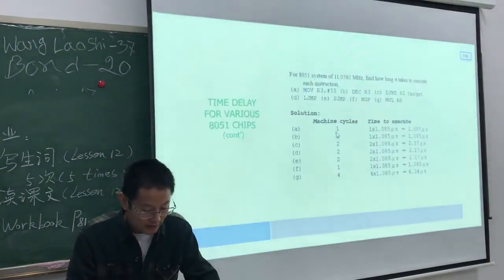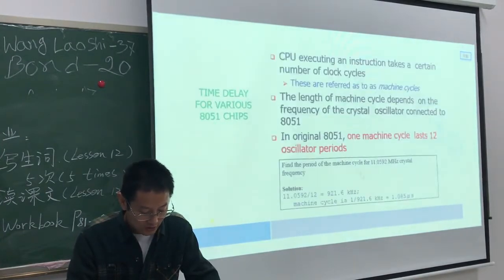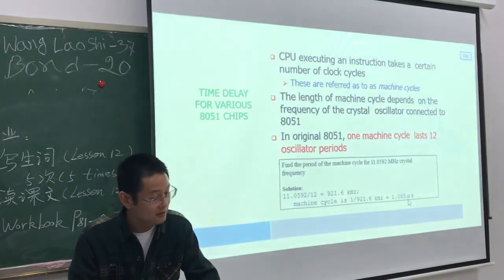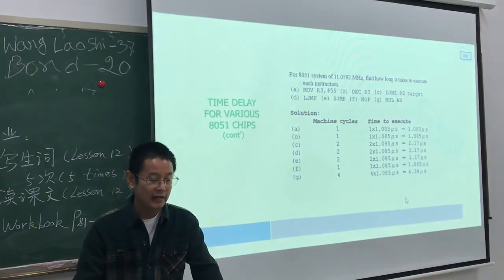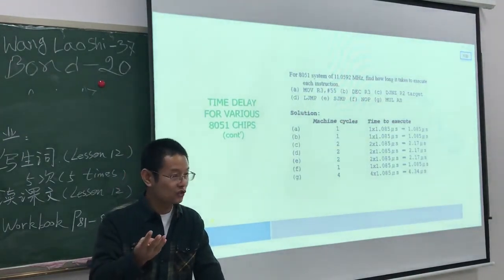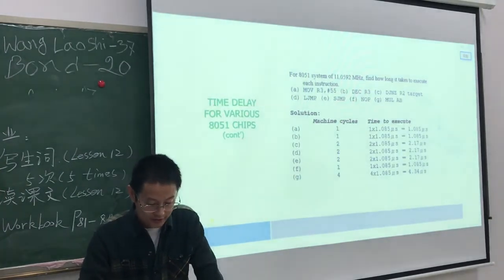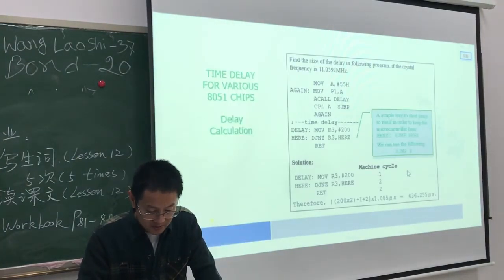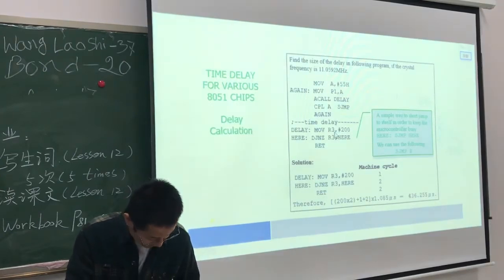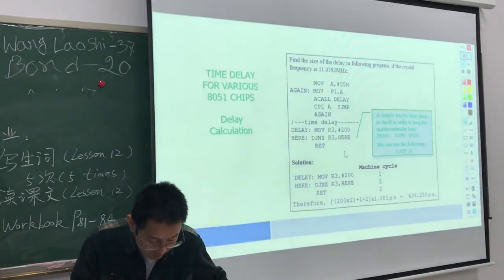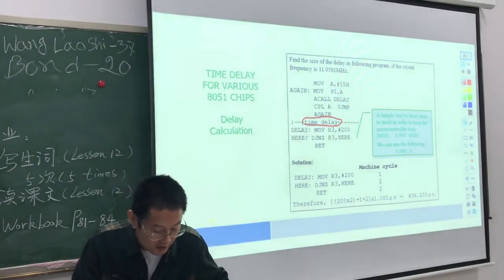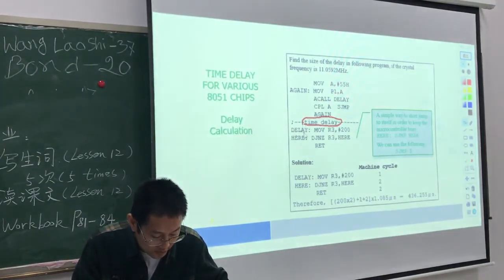According to the last slide, we can get the machine cycle is 1.085 microseconds. So once we know how many machine cycles the instruction spends, we can get the time we delay. Here is the time delay.